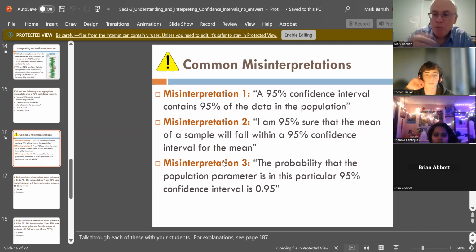Isn't it the sample mean plus or minus the margin of error? So actually, you're 100% sure that the mean of that sample is in the confidence interval. So that's false. And let's look at number 3. The probability that the population parameter is in this particular confidence interval is 0.95. We just stated it's not a probability, so that's false.